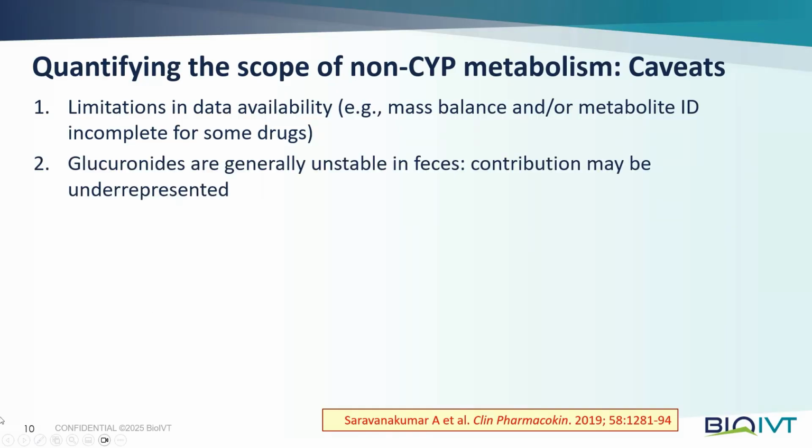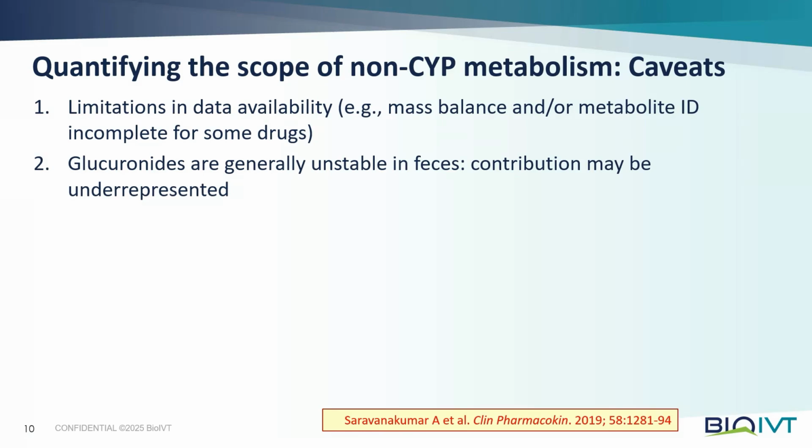When it comes to glucuronides, there's somewhat of a limitation because some glucuronides are generally unstable in feces, mainly because of bacterial beta-glucuronidase, and some are actually unstable in urine. So their contribution to the overall metabolism of an NCE may be underrepresented.